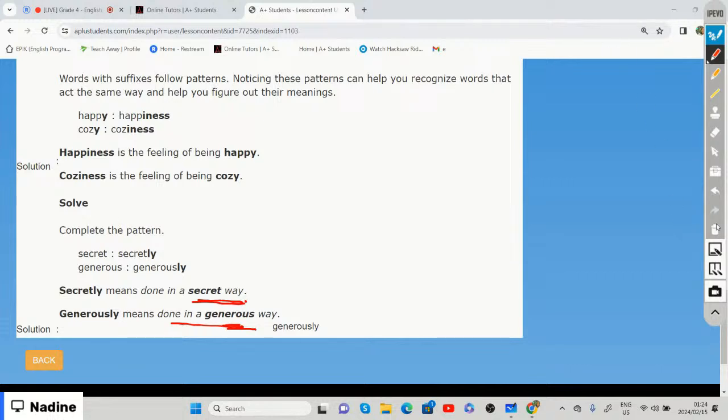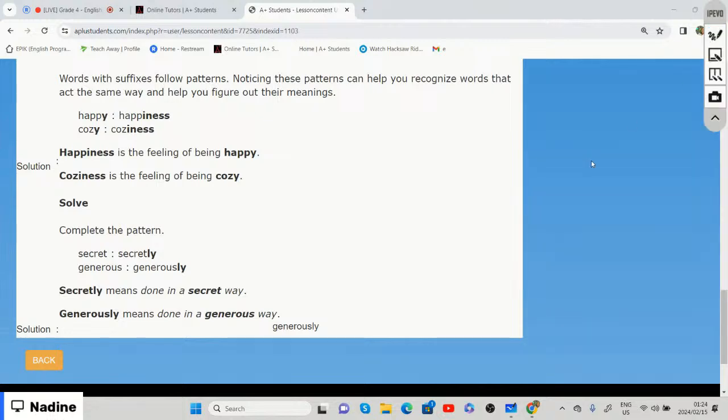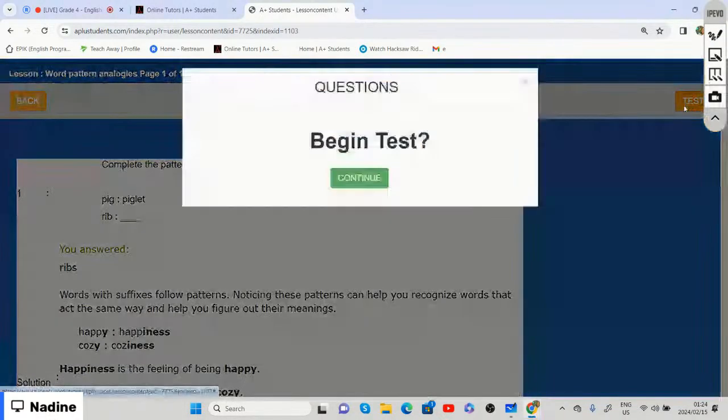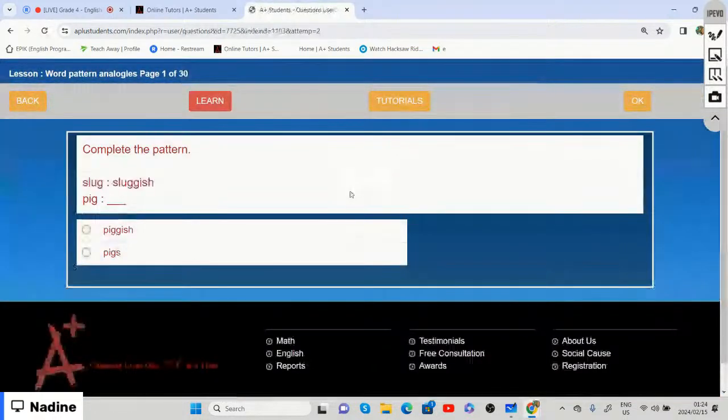All right, so let us go and do our test. We're going to complete the pattern. We said slug is sluggish, which is slow, and pig.